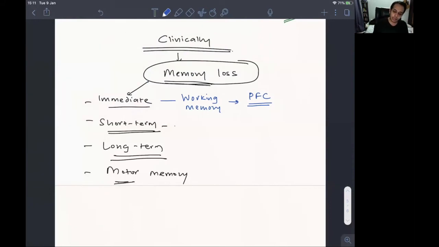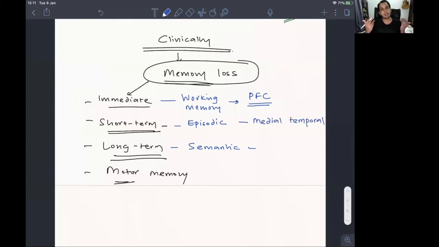Your short-term and long-term memory are kind of hard disks. So your short-term memory is also called episodic memory, and your long-term memory is called semantic memory. Episodic memories are recent episodes. So what are the things that have happened recently? That is your short-term memory, and that is stored in your medial temporal lobe.